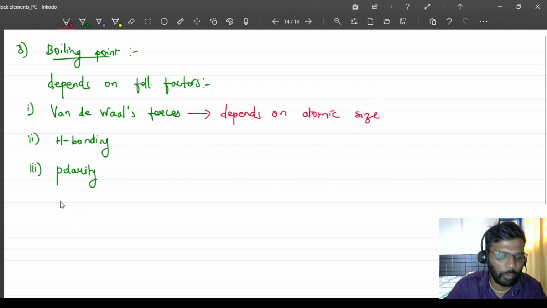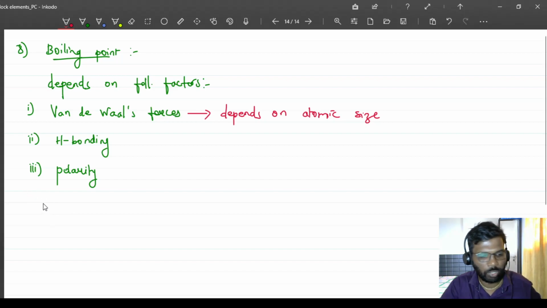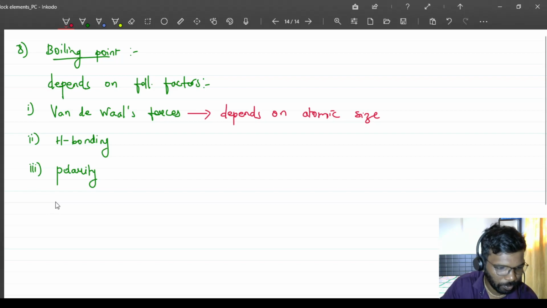So we can conclude that boiling point is directly proportional to the Van der Waals force, right? As we go down the group, the atomic size increases, so Van der Waals force will be high. So boiling point is going to increase.